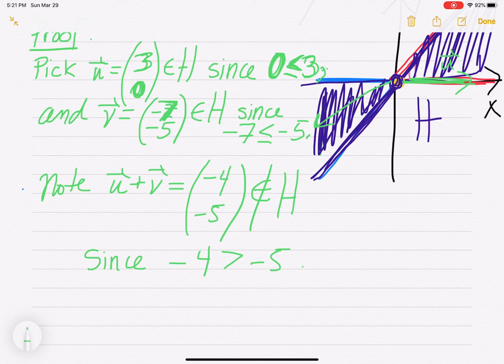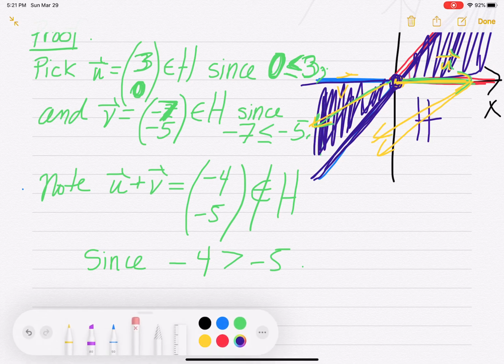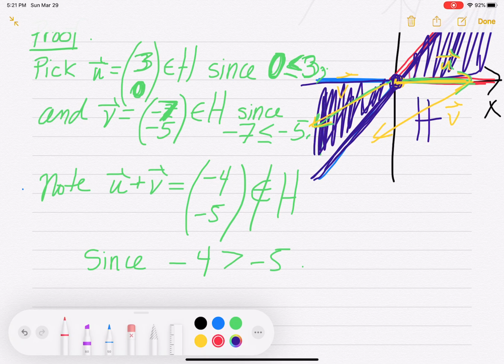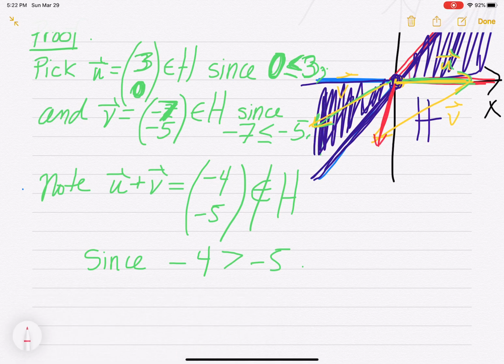So in reality, you took this vector u, let me do this in yellow now, and then you had this vector v over here, and you took u plus v, and you got a resultant vector here. That would have been u plus v, and that resultant vector is definitely not in H.